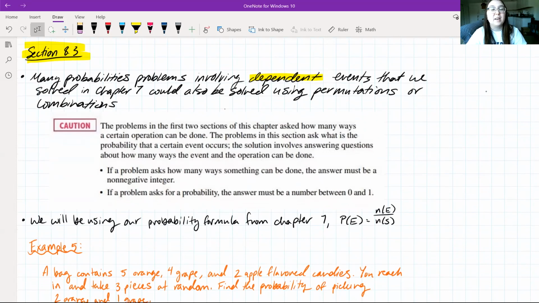So we're going to find the number of ways that we could do some action, and then we're going to divide by the total number of ways. So that's going to give us a value between 0 and 1. And we're going to be using our probability formula from chapter 7, which was the probability of an event E is equal to the number of elements in event E divided by the total number of elements.